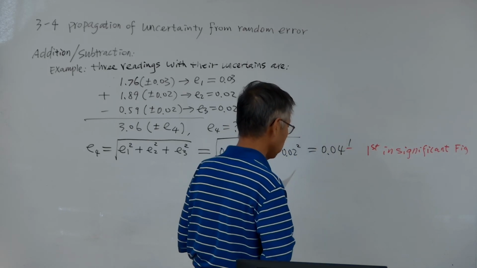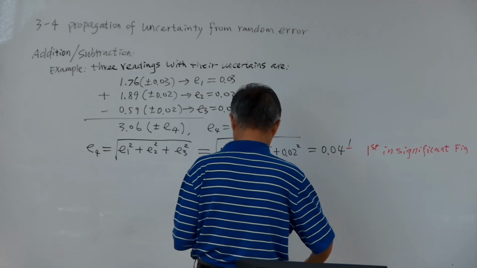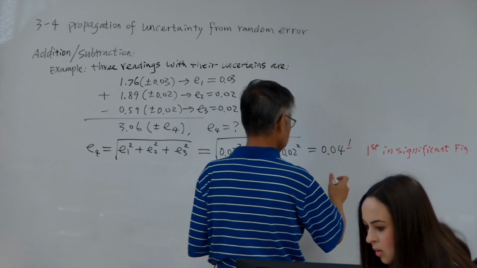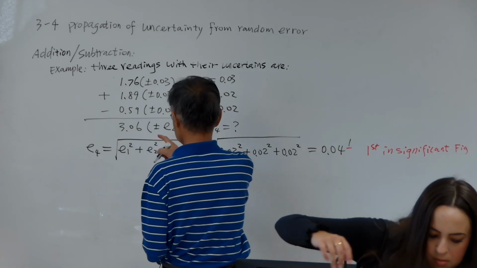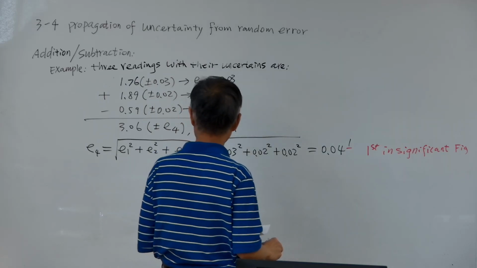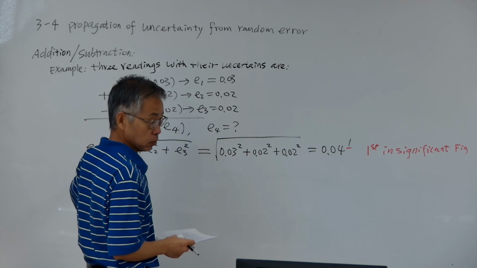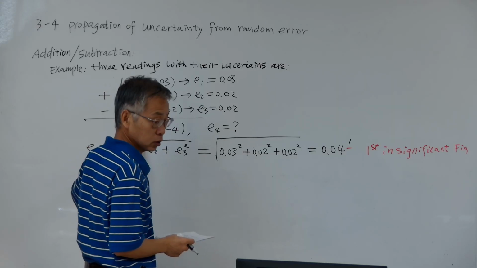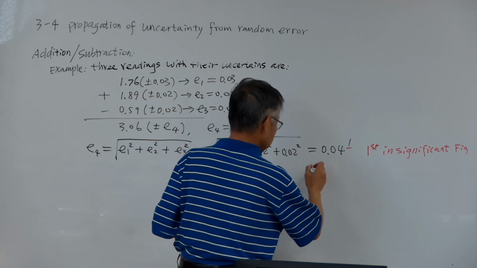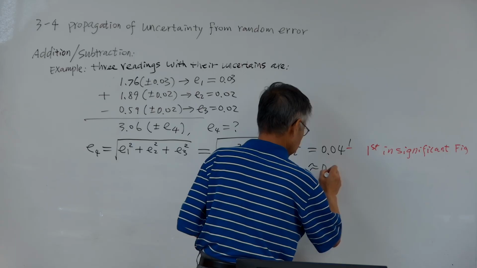Normally keep one extra digit before the final result. So the final result looks like this. Your last digit is 0.01, the second decimal place.